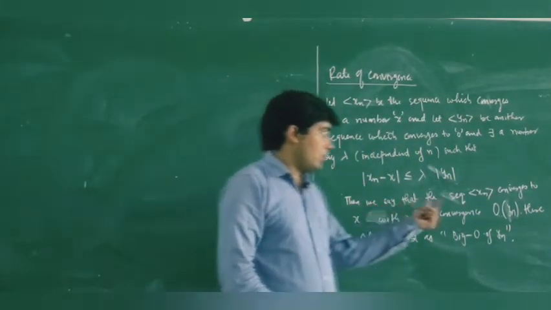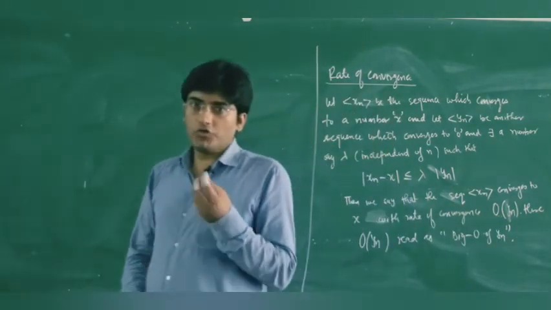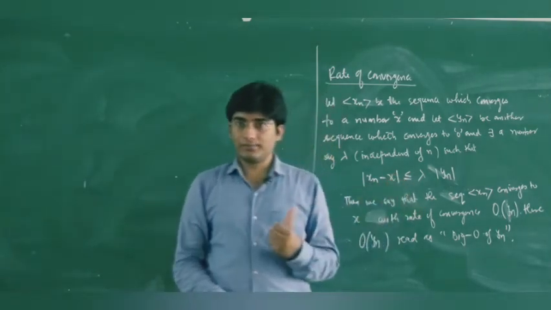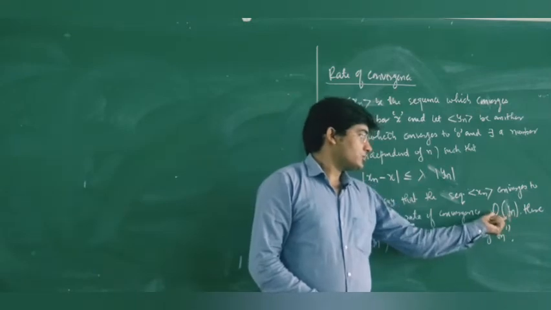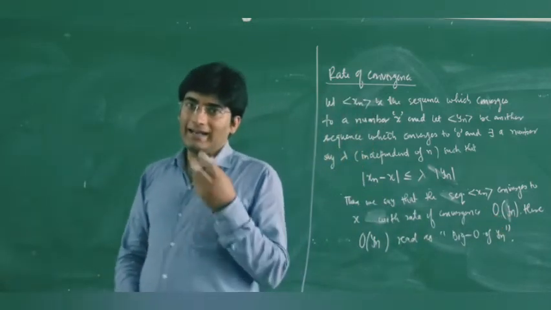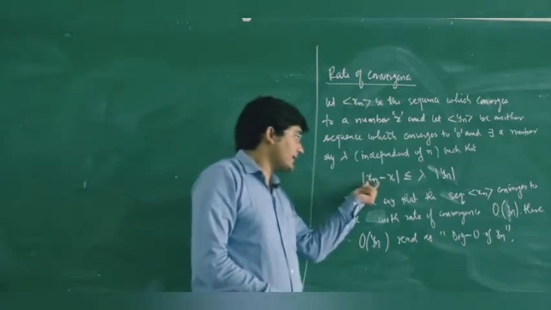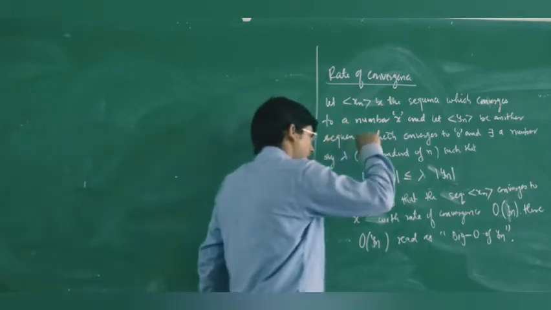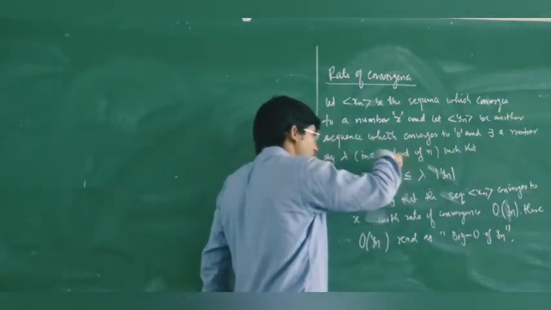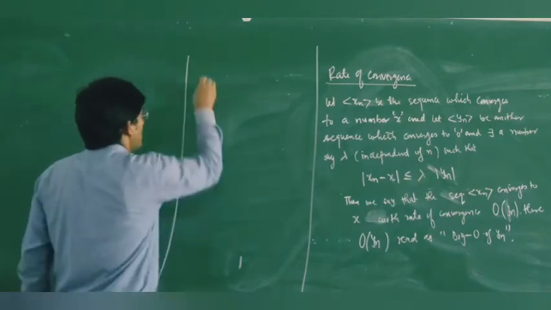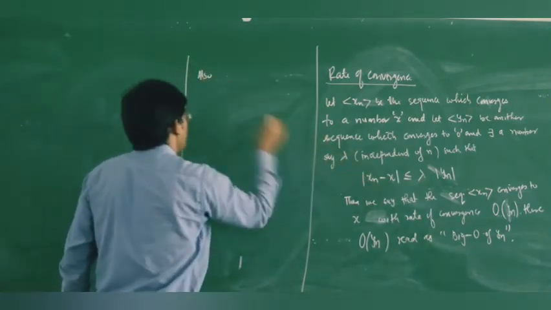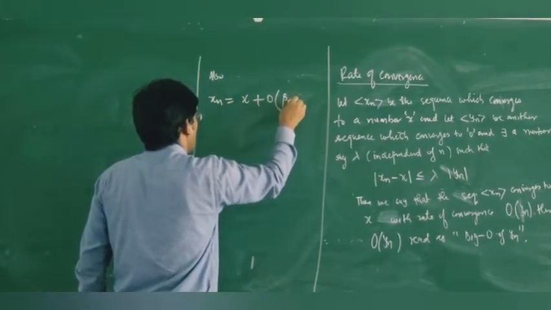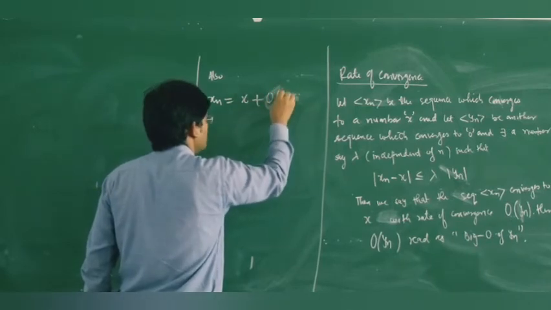Now this big O of yn gives the reference how quickly this xn converges to this x. That means this O of yn gives you an idea which tells you how quickly this xn is going to converge to this small x. Now suppose that as n tends to infinity your xn is converging to this x. Also this equation can be written as xn equal to x plus big O of this yn.